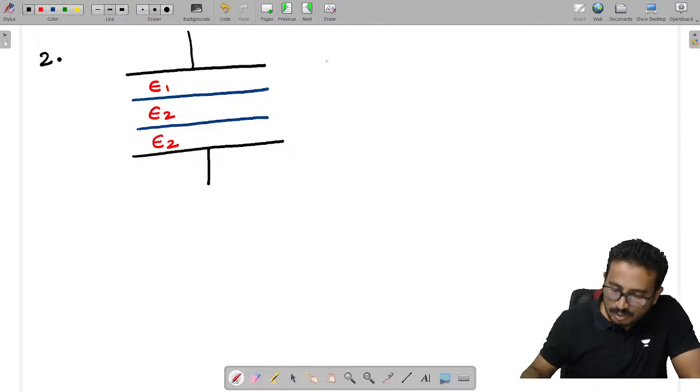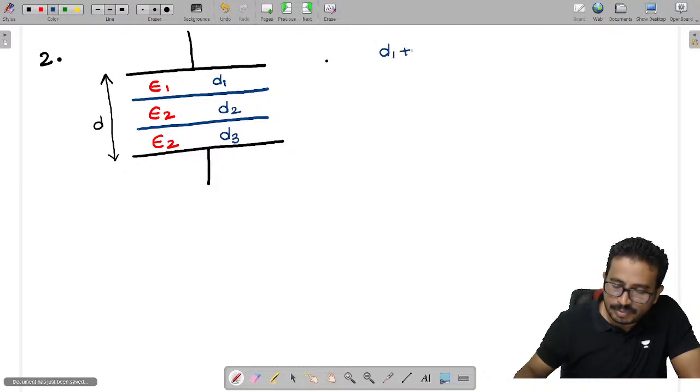As a result, the whole distance of separation, d, because of this division becomes d1, d2, d3, and d1 plus d2 plus d3 is equal to d.